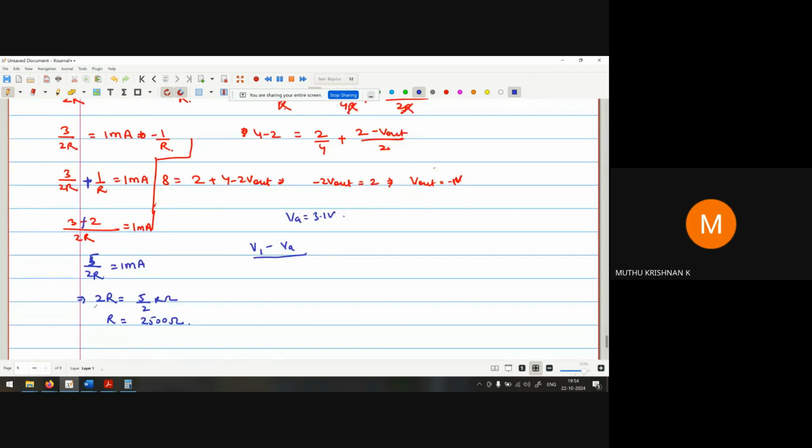So the second last line is 5R equals 5 by 2, right, sir? R is equal to 5 by 2 kilo ohm, right?